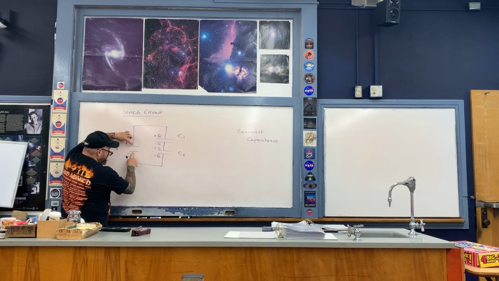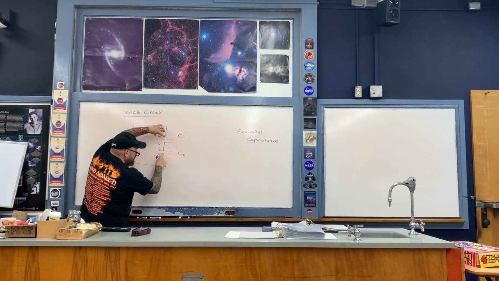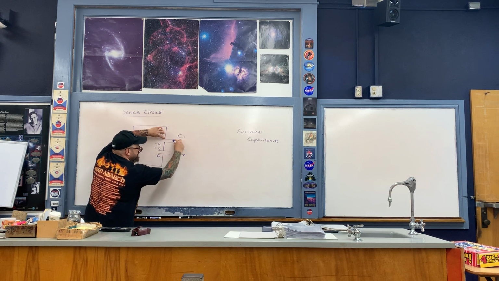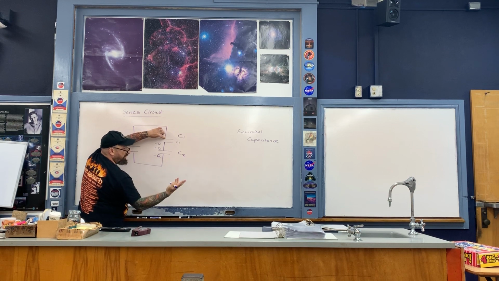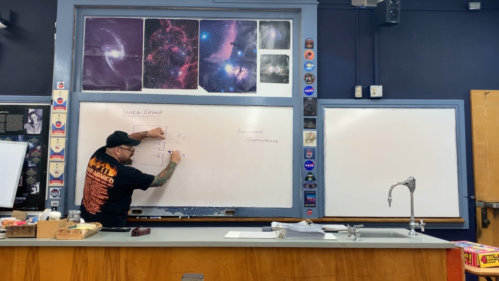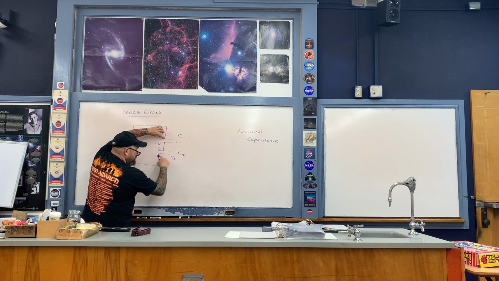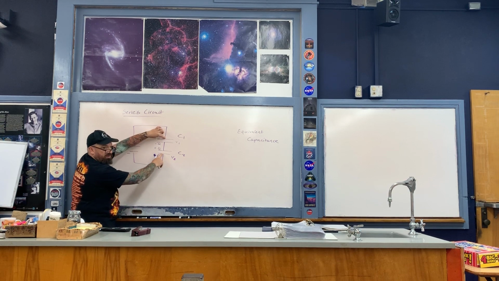So if the potential difference between those two is V here on the diagram, it's also the same thing here. Therefore, the potential difference across this capacitor, call it V1, plus the potential difference across this capacitor, call it V2, equals the total amount of V.